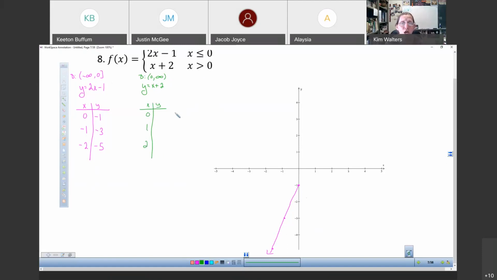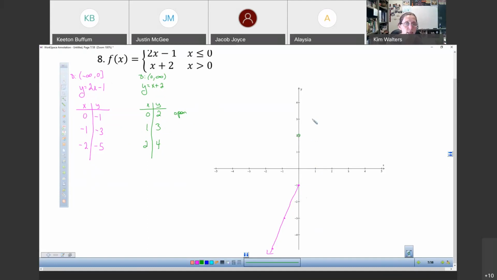But I just note that I am going to have an open circle. So when x is 0, I get a y value of 2. When x is 1, I get a y value of 3. When x is 2, I get a y value of 4. So my y-intercept here is going to be this open circle. At x equal to 0, y is going to be 2, but I have that open circle, so please keep that in mind.